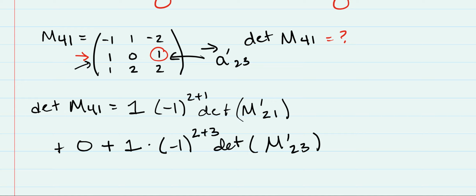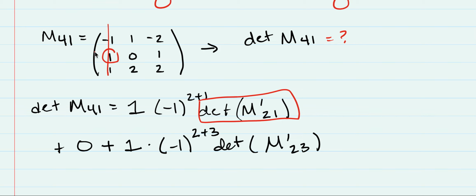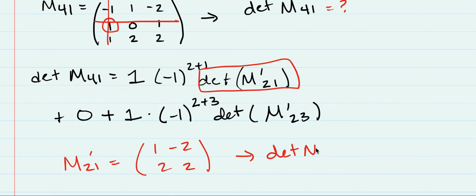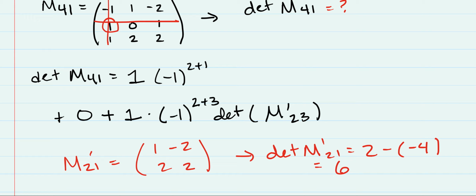Okay, so let's figure out these determinants. Let's start with this one. M21 corresponds to this matrix 1, -2, 2, 2. So M21 prime is 1, -2, 2, 2. The determinant is 2 minus a -4, and that is 6. So we can erase this and put 6.